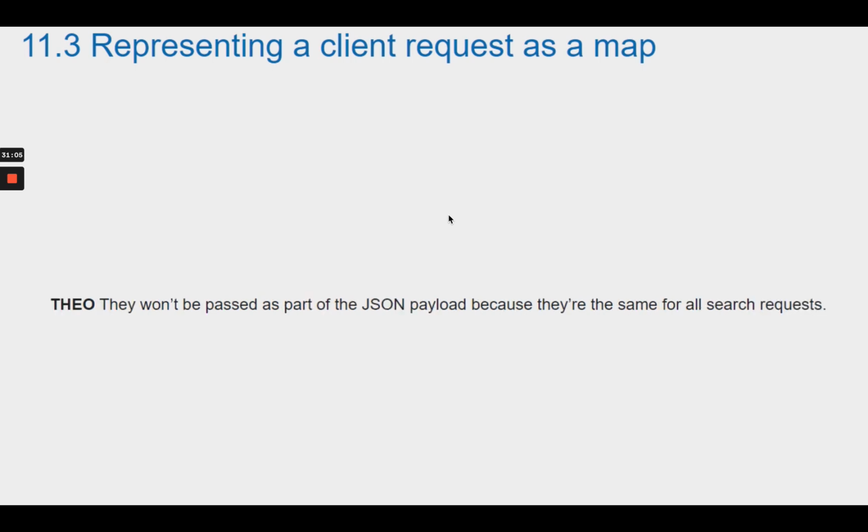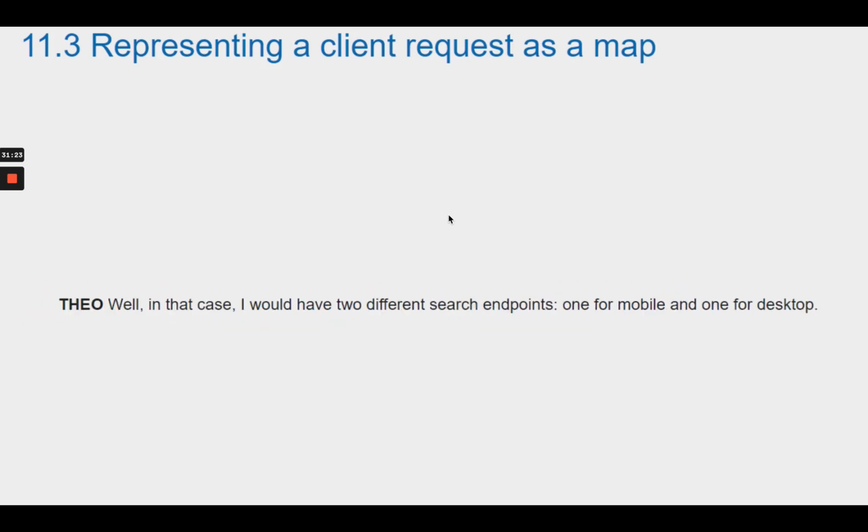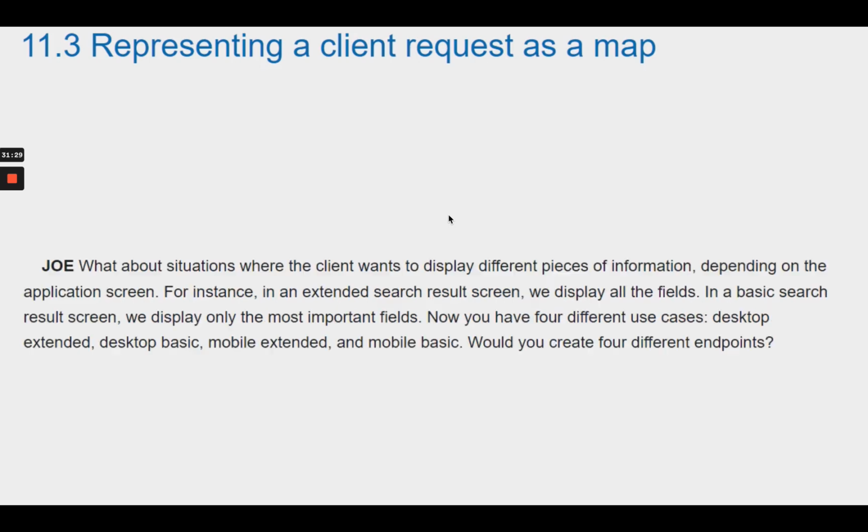Theo, they won't be passed as part of the JSON payload because they're the same for all search requests. Joe, I can imagine a scenario where you want the client to decide what fields to retrieve. For instance, a mobile client would prefer to retrieve only the most important fields and save network bandwidth. Theo, well, in that case, I would have two different search endpoints, one for mobile and one for desktop.